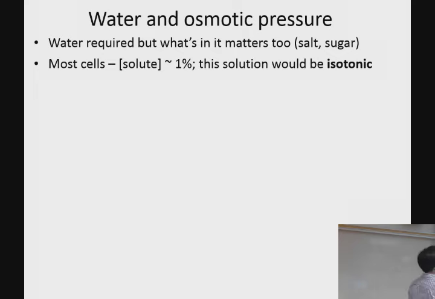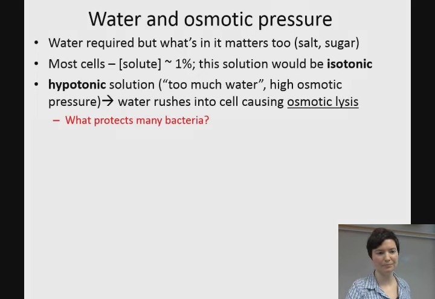If you are a cell and your contents are about 1% dissolved, and you put into a solution that's 1%, whatever it is, then you're in an isotonic solution, right? The amount of solutes on the outside are balanced by the number on the inside, even if they're not exactly the same chemical. The water is going to move kind of evenly and isn't going to want to be in one place or the other.